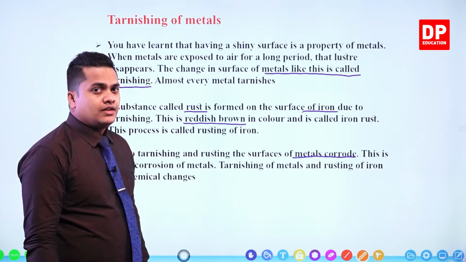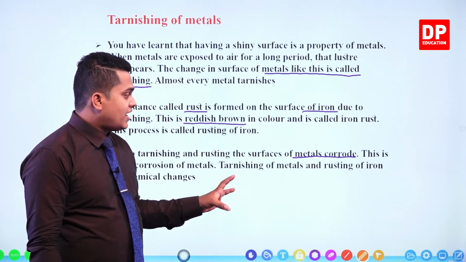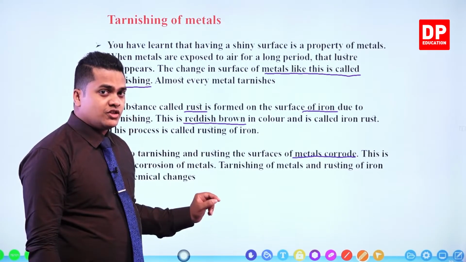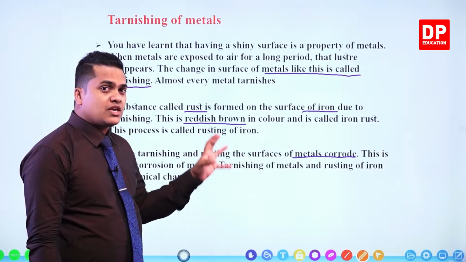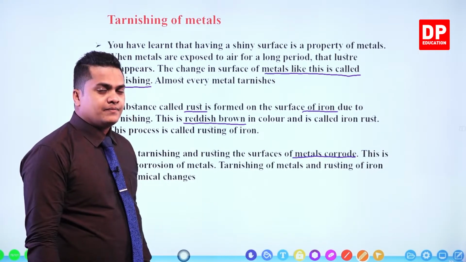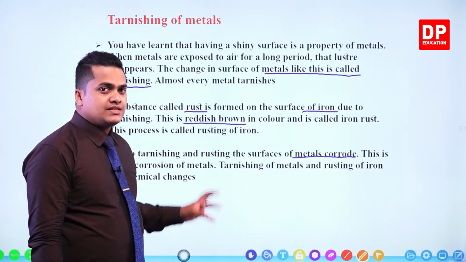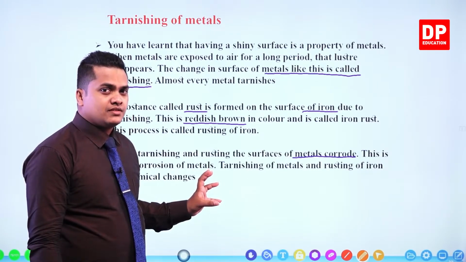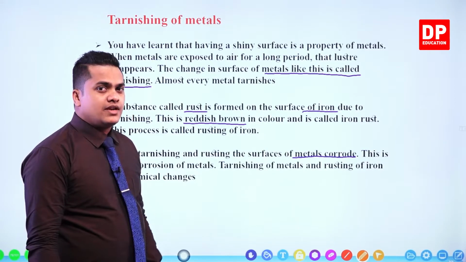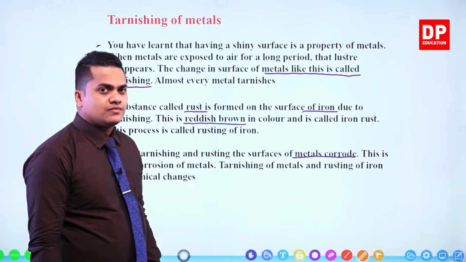If rusting of iron or tarnishing of metals happens, new substances are getting created. These new substances cannot be reverted back into the same metal once again. So these tarnishing processes are considered chemical changes.